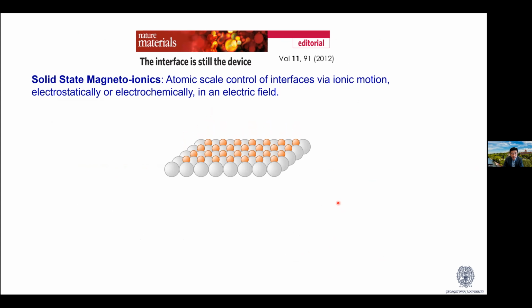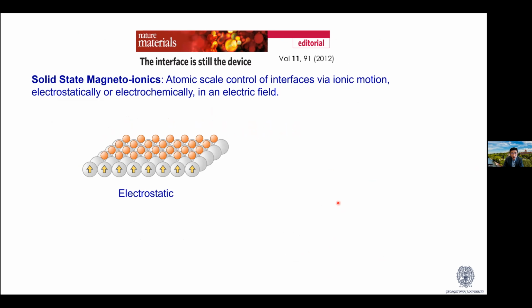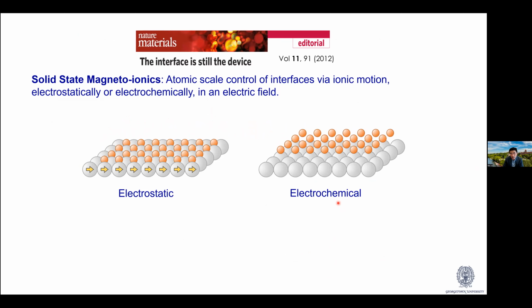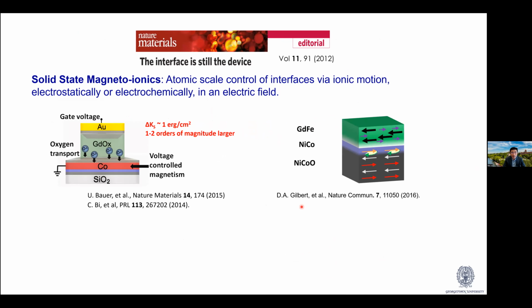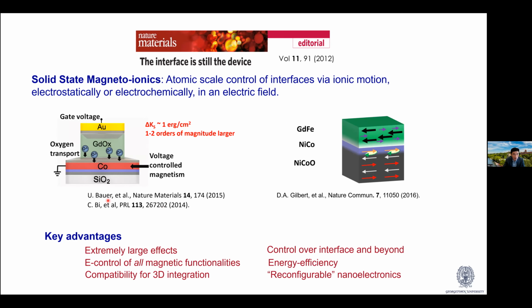This is done either electrostatically or electrochemically. And in essence, you are changing the interface to something completely different. People have found that the effect size can be very large. For example, in this seminal work by Geoff Beach's group at MIT and Weigang Wang's group at Arizona, they've shown that in this cobalt gadolinium oxide system, the ion migration can induce very large magnetic anisotropy energy change, much larger than previous studies.